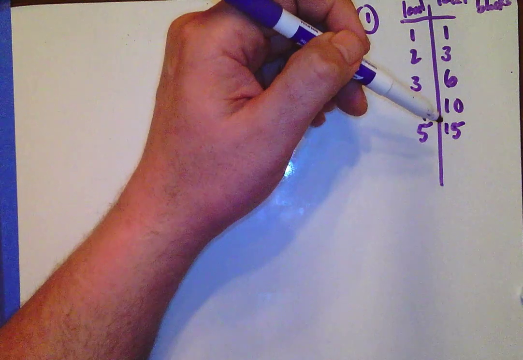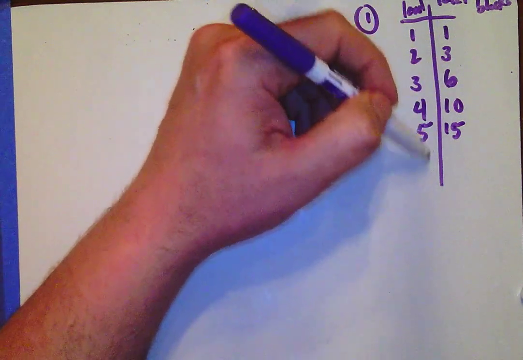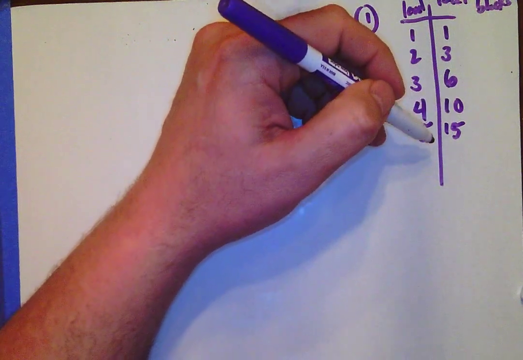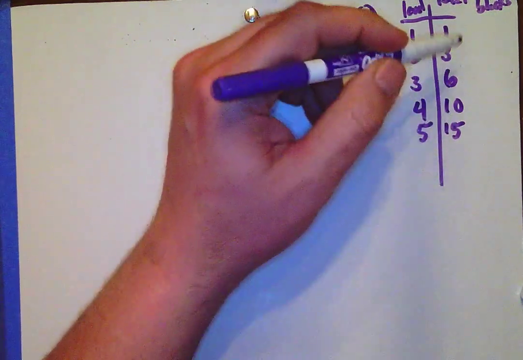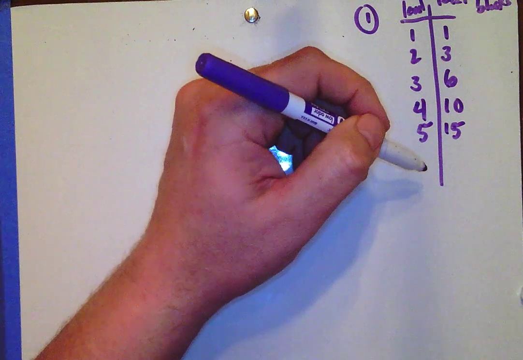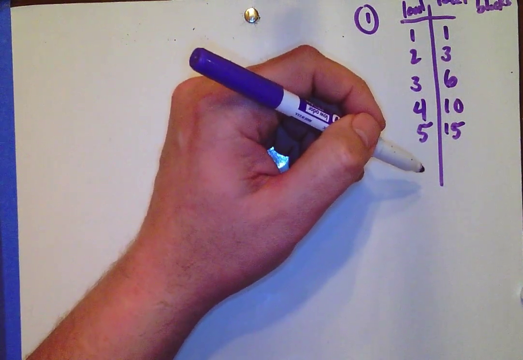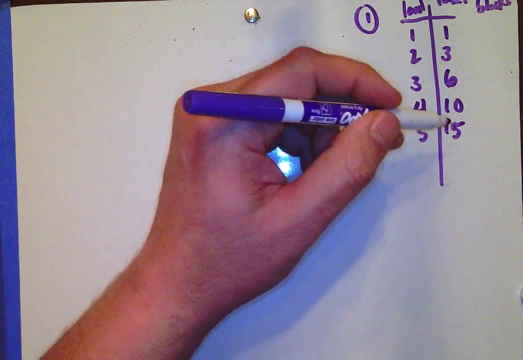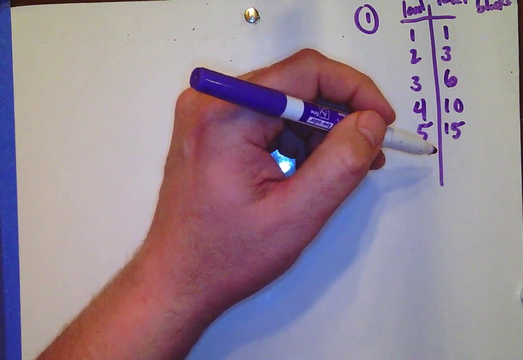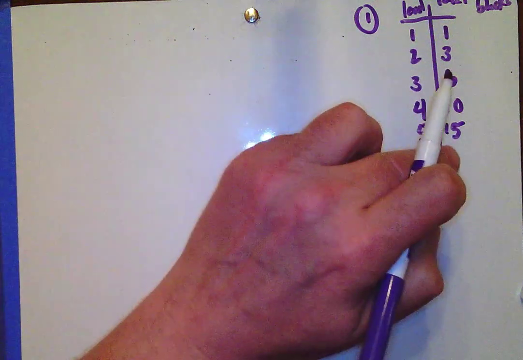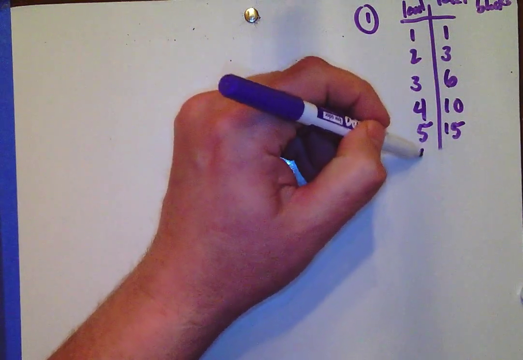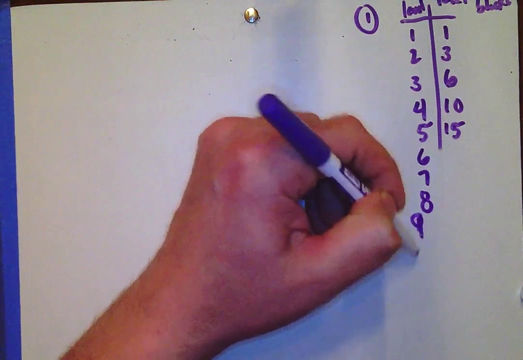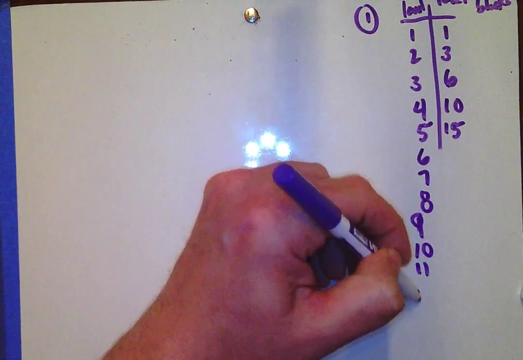And we could write a formula for this, but it's not that much work to get down to 12 just by adding values. This turns out to be the sum of an arithmetic sequence. So if we were comfortable with our sequences knowledge, we could use that, or we could just continue this table: 9, 10, 11, 12.